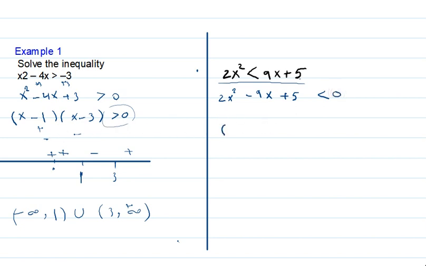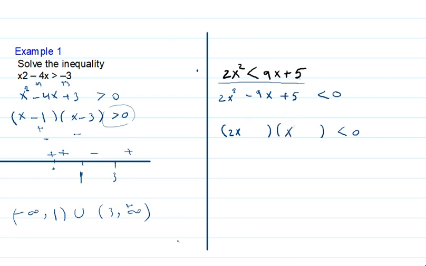So we factorize this into two factors less than 0. We have 2x here and x here. 2x multiplied with x gives us 2x squared.